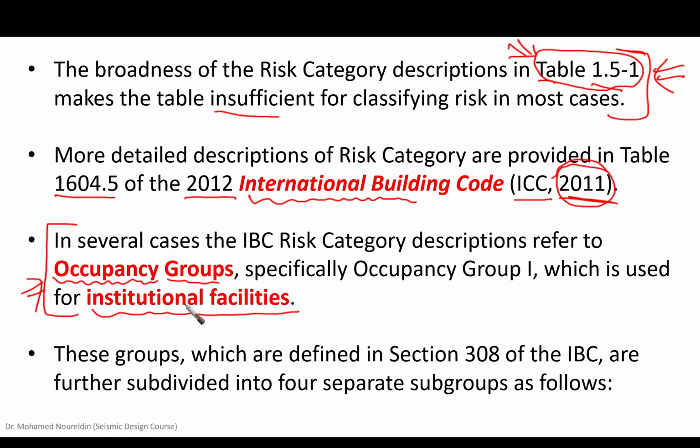If you look at this table, you are going to find that it's very informative, giving different capacities in terms of the occupants of each building and the institutional facilities. These groups, which are defined in section 308 of the IBC, are further subdivided into 4 separate subgroups as follows.